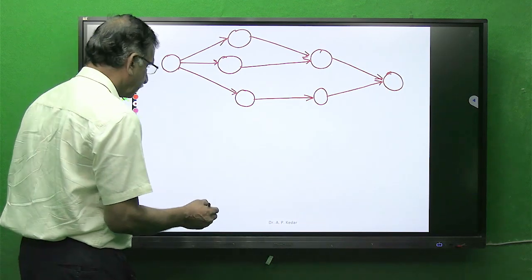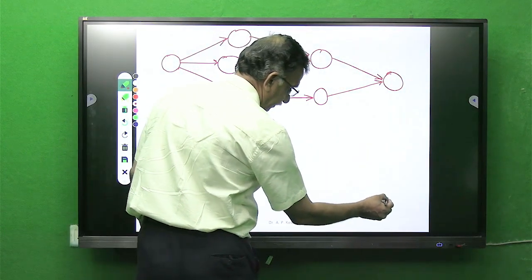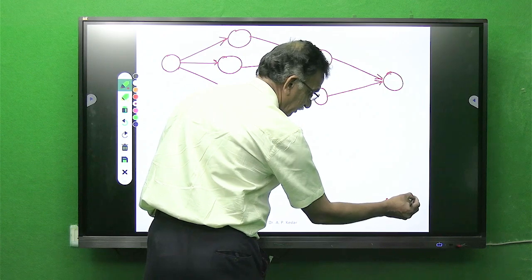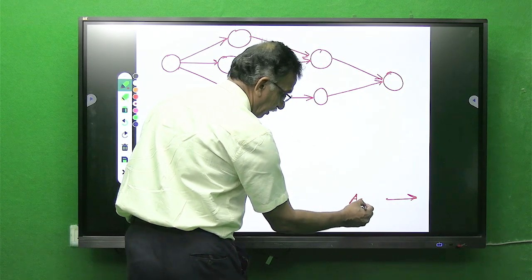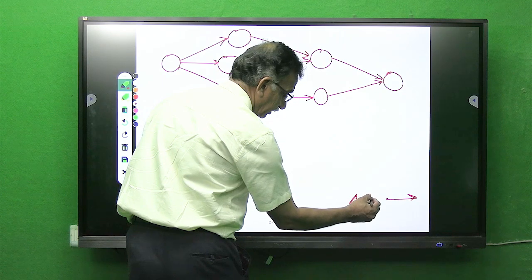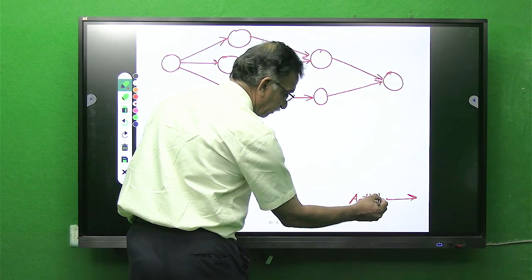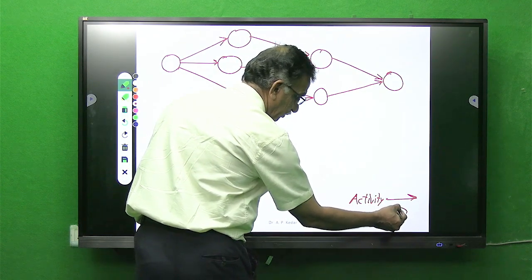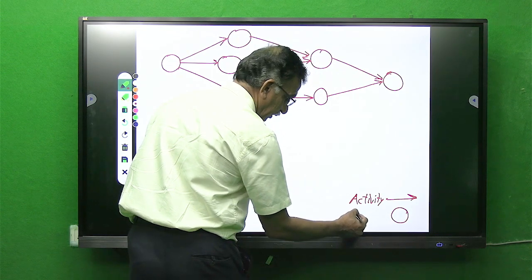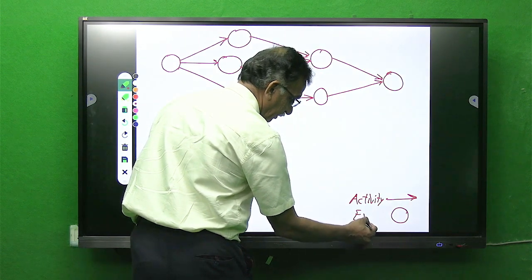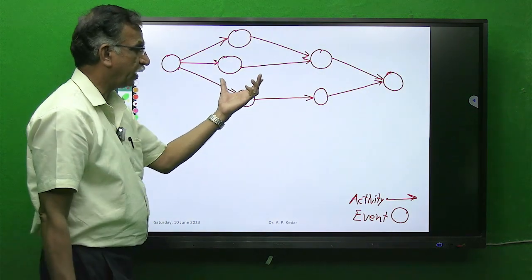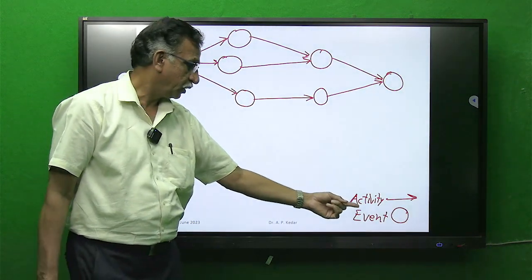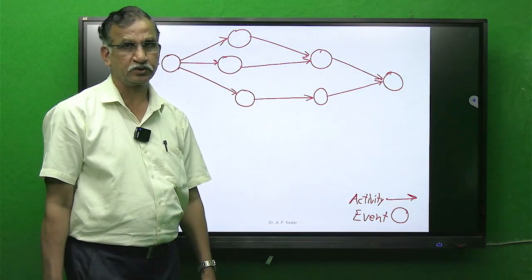So again, to clarify, this is the representation of activity. So any activity, suppose I want to represent, it is represented by straight line arrow, and this particular circle is nothing but it is event. So this network which I have drawn consists of events and activities.